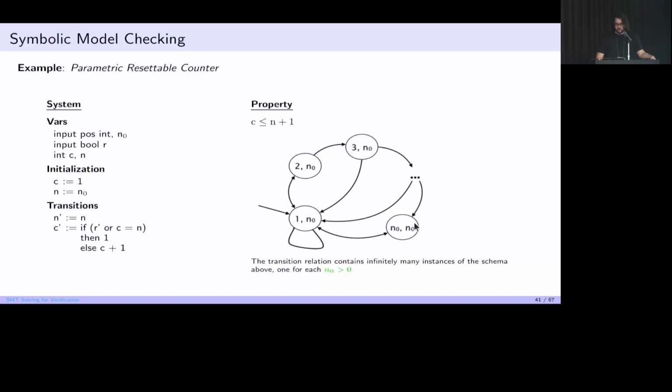So we can think that this property is indeed an invariant, because in every potential state that you have here, it is the case that C is smaller or equal than n+1.